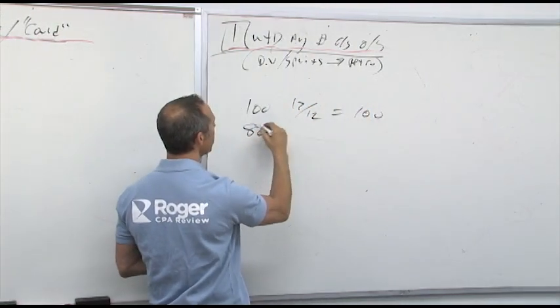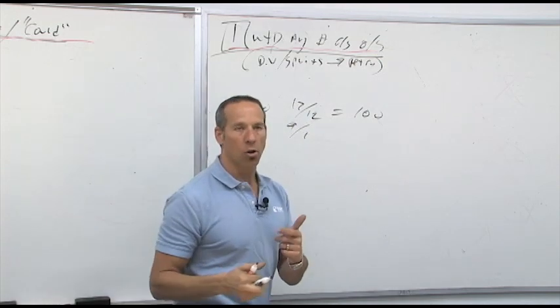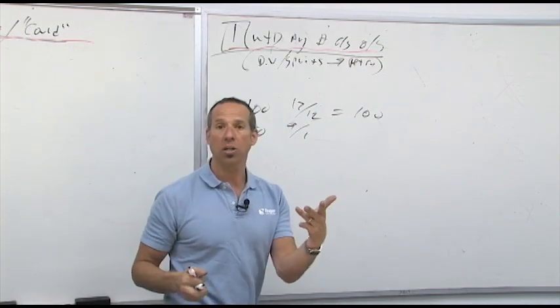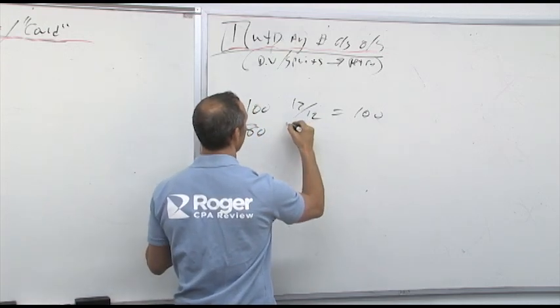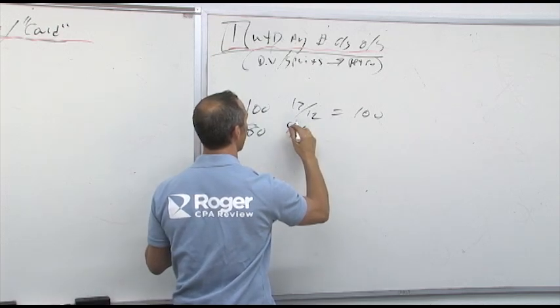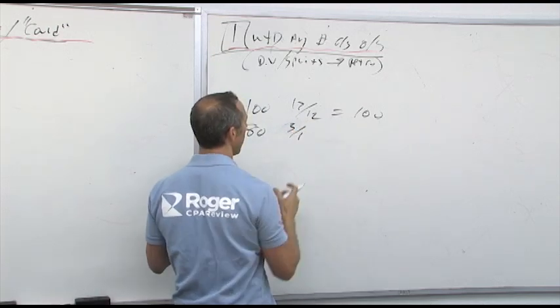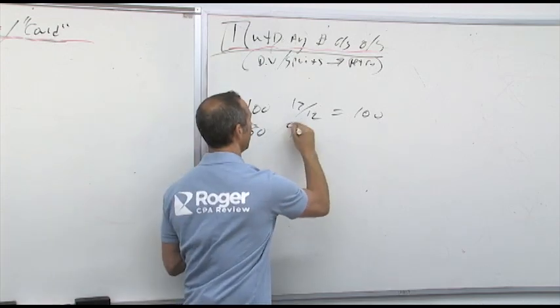Then, let's say I have 80 shares outstanding on 4/1.